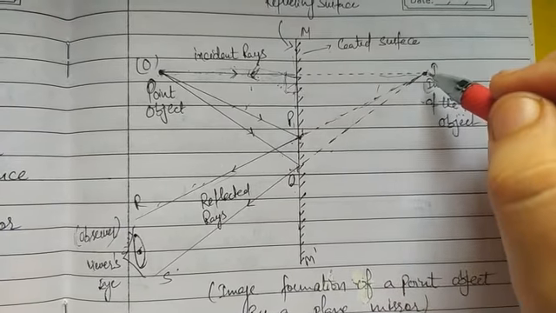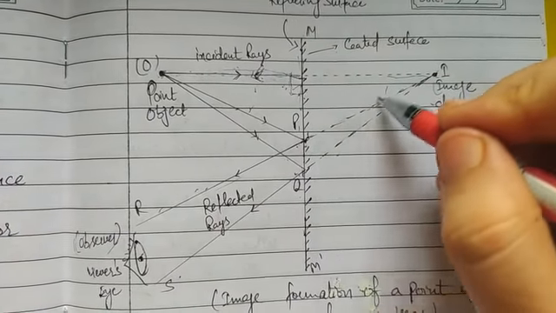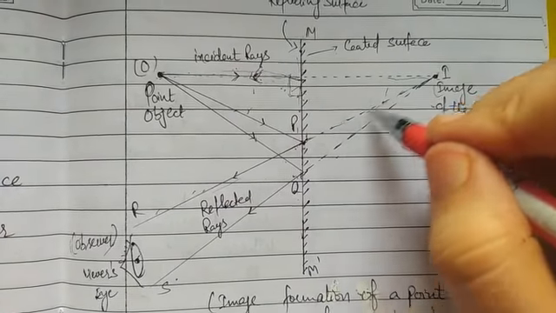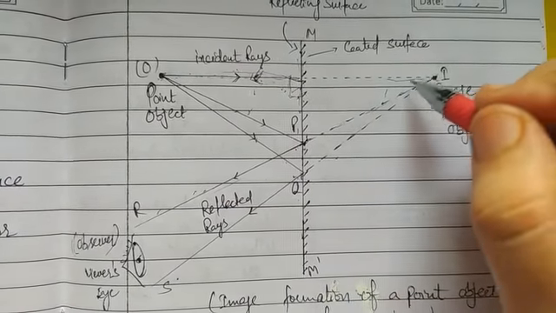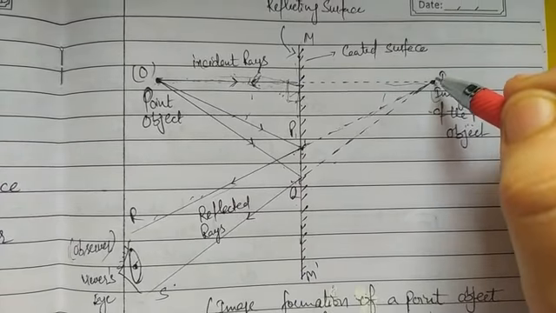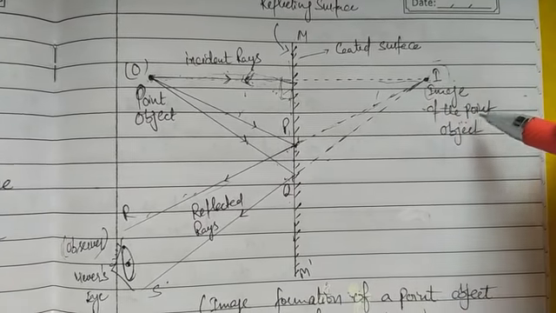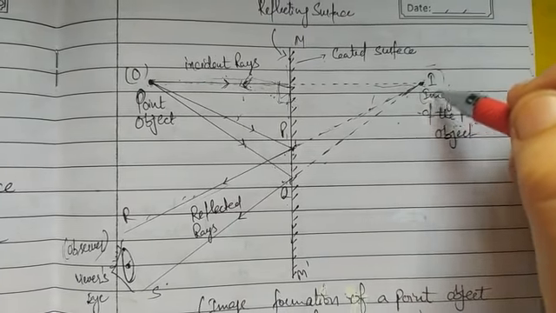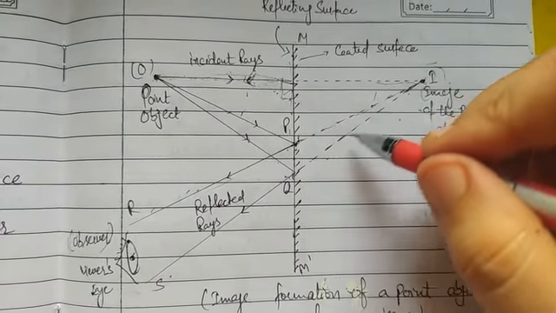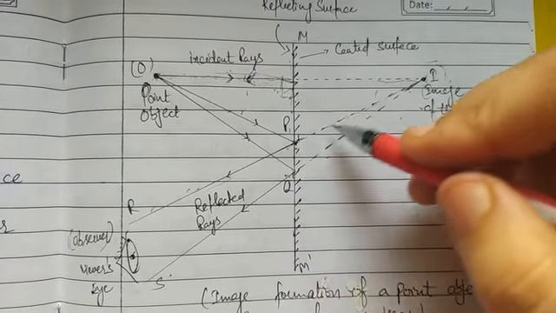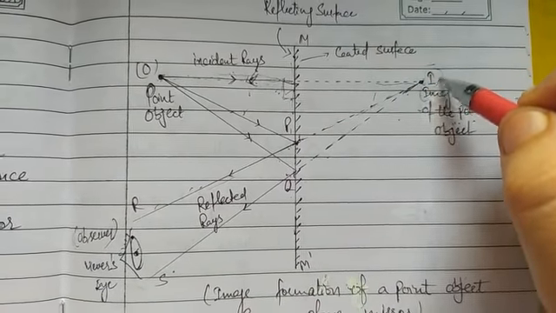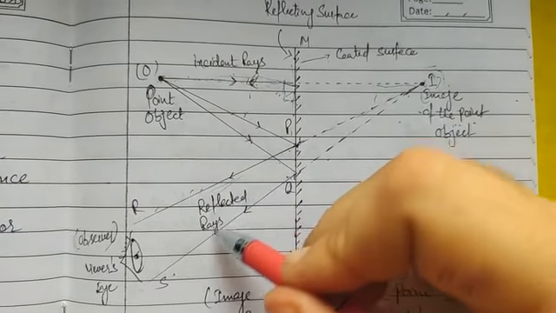All of these rays that we have extended, the point where all these rays meet after extending them will be known as the image of the point object. So you can see that the image is formed by the backward extension of these light rays, or we can say this is the point from which these light rays appear to come.